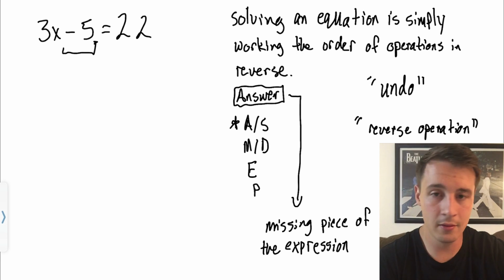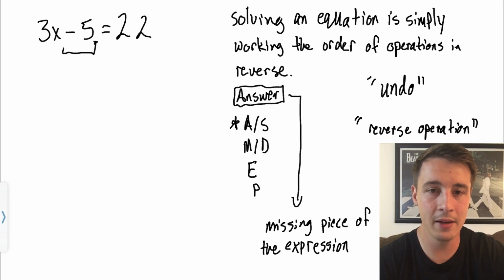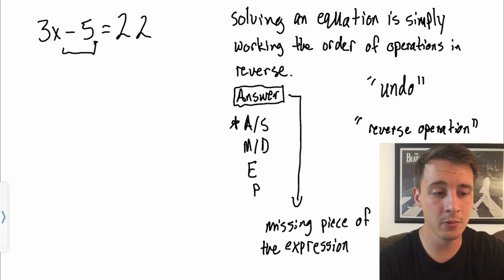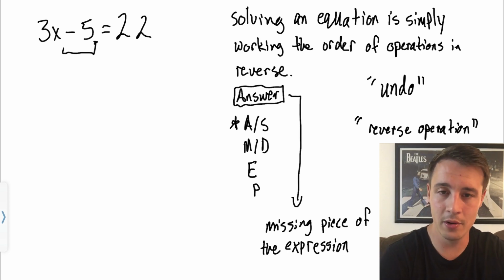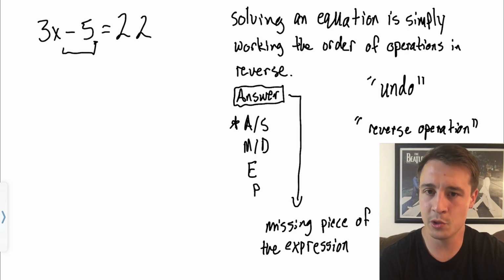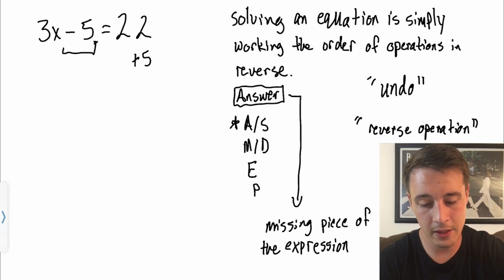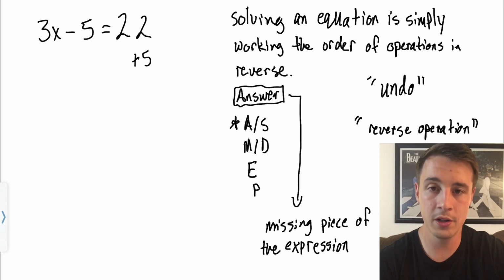So I'm starting with addition and subtraction. In my head, I'm thinking, well, what number would I have subtracted 5 by to get an answer of 22? If we want to figure that out, we can essentially do the opposite operation, which is instead of subtracting 5, I can add 5 to my answer of 22.